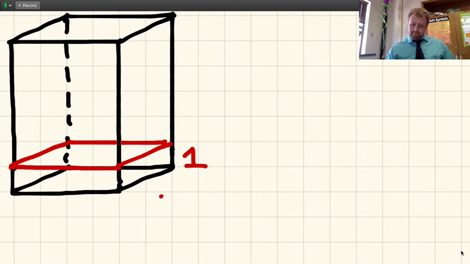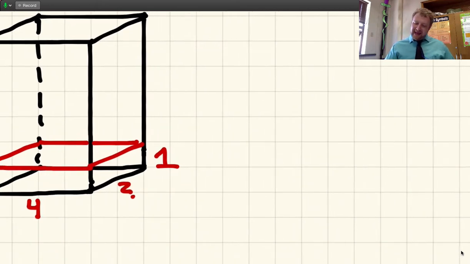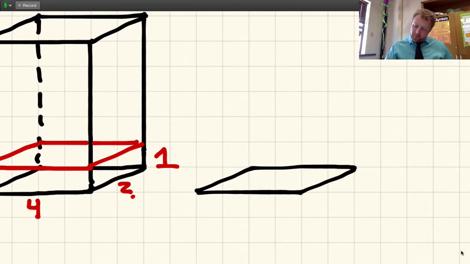Okay. Let's draw it one layer, one tall. Let's make this 4. Let's make this 2. Okay, that layer is going to be kind of like its own piece of the puzzle, being only one tall.